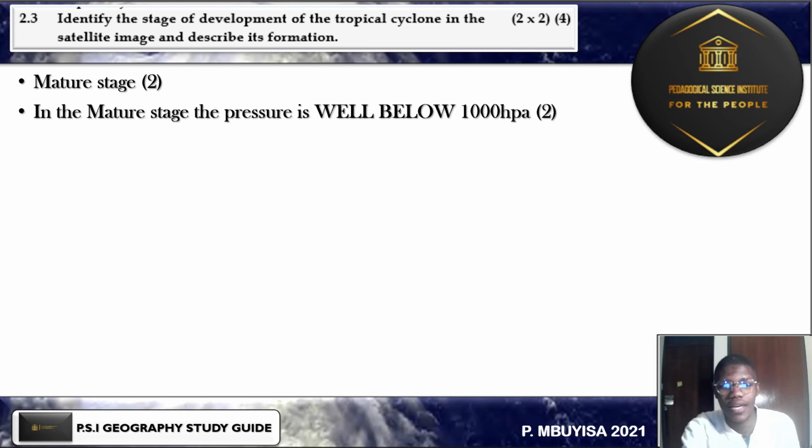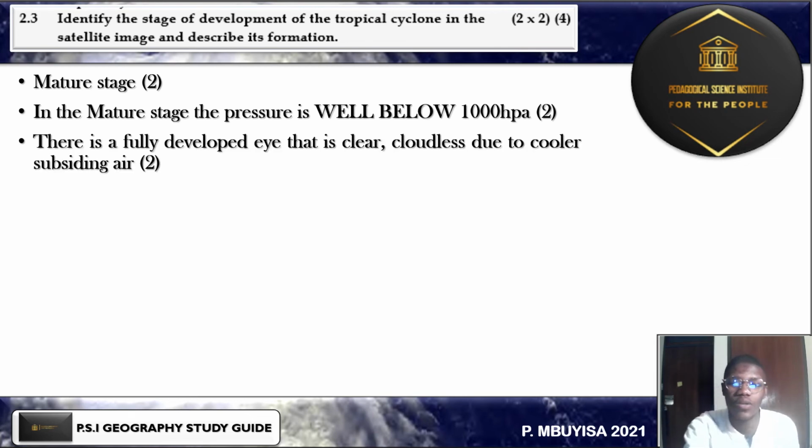Again, we know that we have an intense low pressure, which means we are going to have the formation of the eye as a result of cold air heating up adiabatically. So that's what we're gonna have, and that's what happens in the mature stage. The mature stage, the pressure is well below 1000 hectopascals.